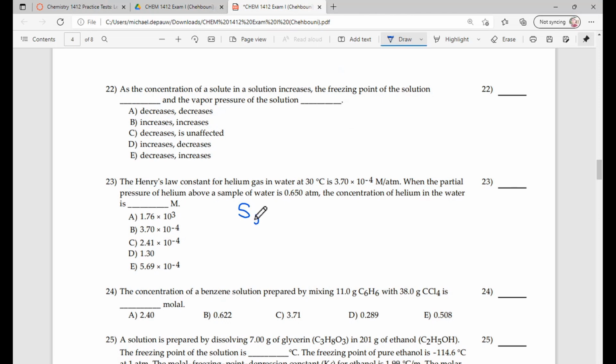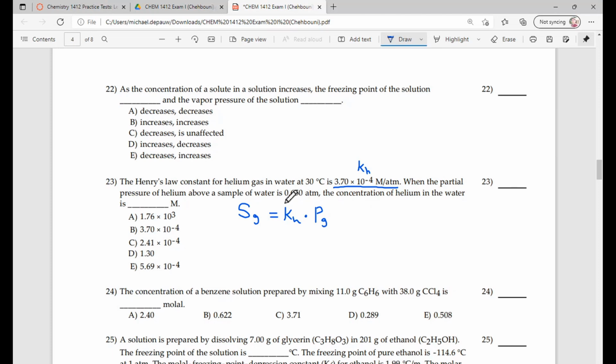You can read solubility of the gas as concentration equal to the Henry's law constant times the partial pressure of the gas above. Okay, so this is the Henry's law constant, KH.